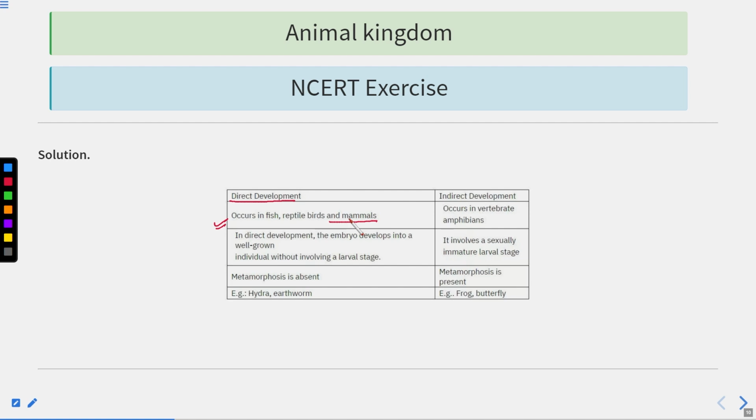In the case of birds, mammals, reptiles, fishes. Now, what about indirect development? It occurs in vertebrates, for example, amphibians, right? In the case of amphibians, suppose we have seen these are the eggs of the frog, and from these eggs what comes out?